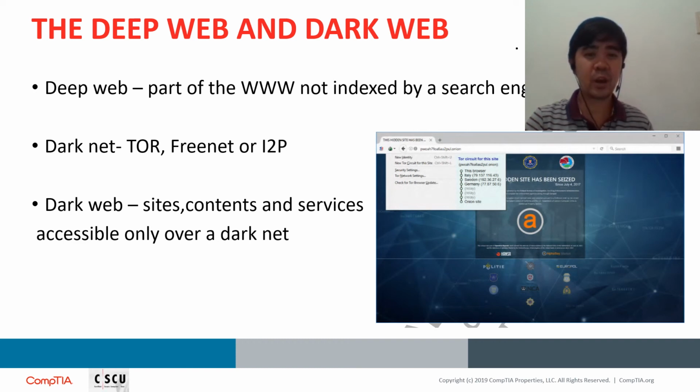Because there are certain websites that do not use HTML. It's non-standard, right? That's what we mean by non-standard manner, or not properly indexed. And it is intentional. So these are examples of the deep web.